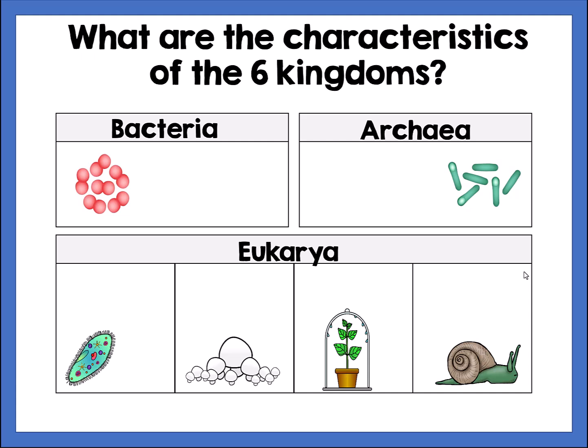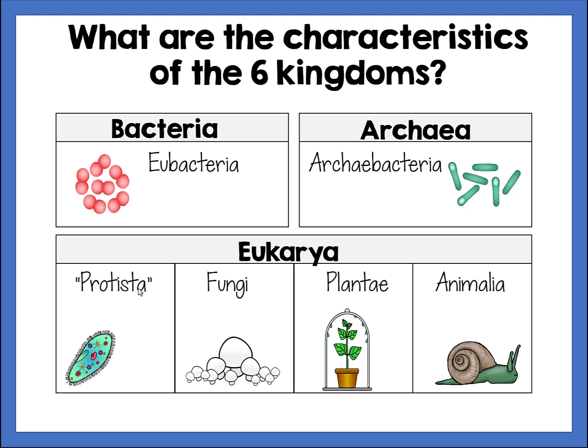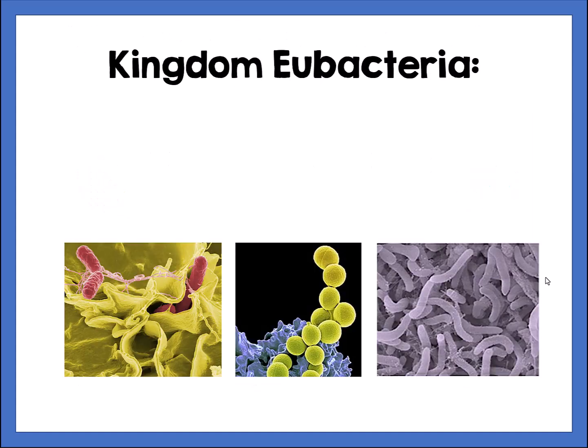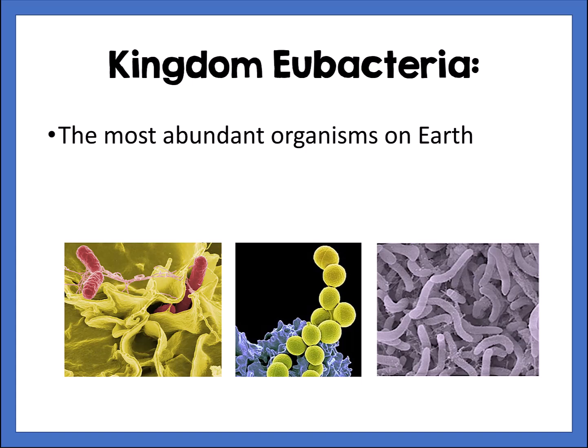So what are the characteristics of the 6 kingdoms? Bacteria here, we've got eubacteria, archaebacteria, and then our 4 eukaryotic kingdoms, and we'll go through each one. So within the kingdom eubacteria, these are the most abundant organisms on Earth.